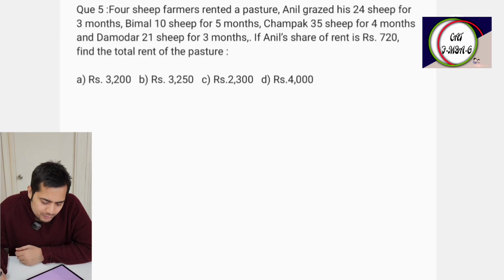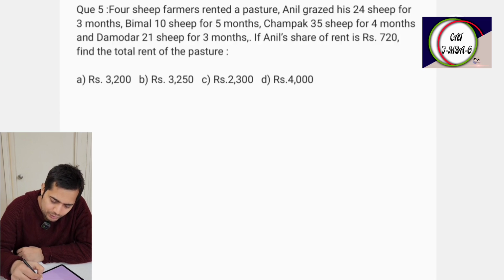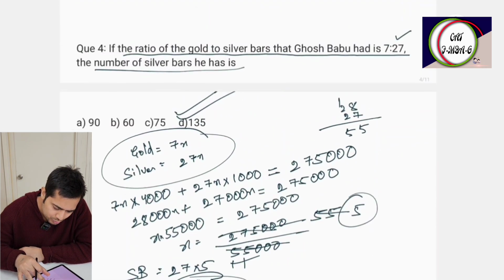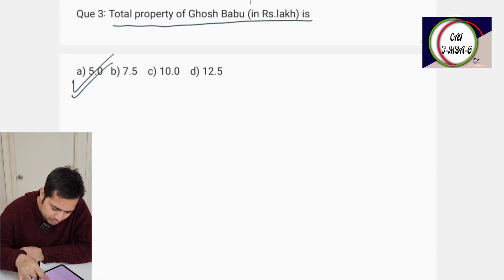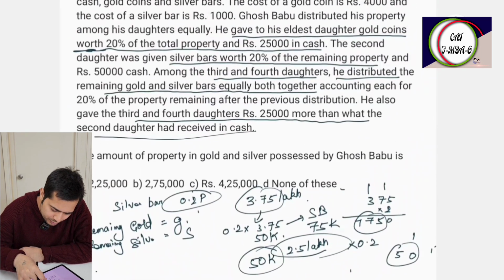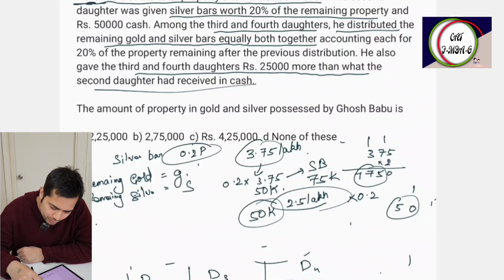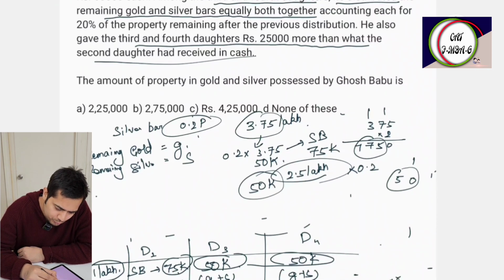Now it is given that 4 sheep farmers rented a pasture. Okay, Anil grazed his 24. Let me see, I think in the previous question have we missed something? Question number 4 we have done, 3 we have done, total property. Okay, this question we forgot to do.